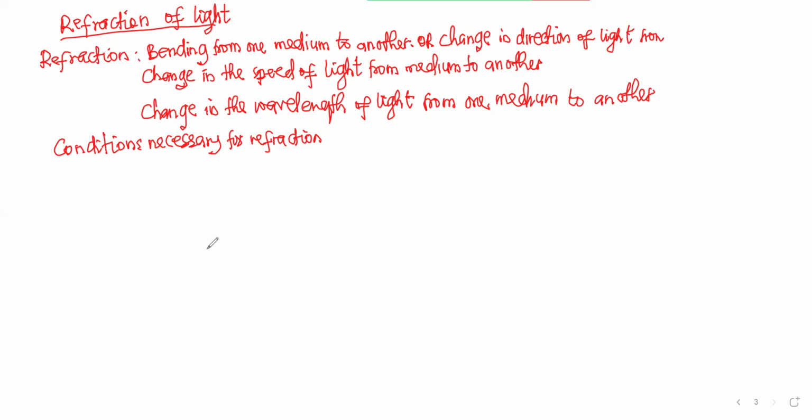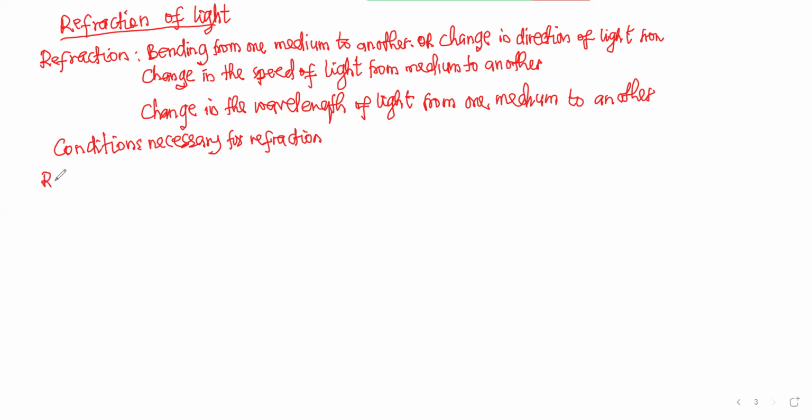So when you put on a torchlight, so long as the torchlight continues to move through air, it will never bend. However, when it encounters another medium whose density is different from the first one or from air, then it will bend. Okay, so refraction occurs due to difference in density.